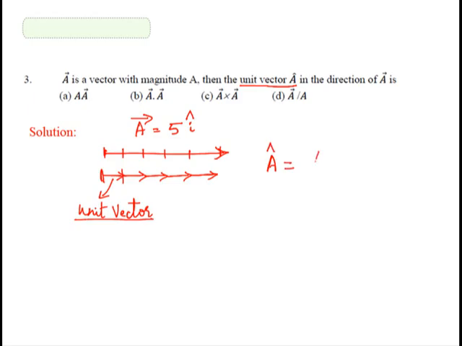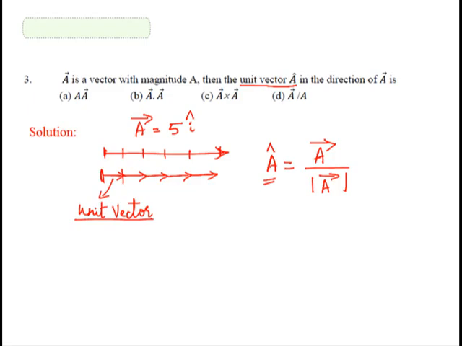What did I do? I took a vector A. I divided it into a number of parts equal to its magnitude. Here it is 5. How do I write magnitude? Magnitude of A. Don't you think so? So a vector divided by its own magnitude is nothing but a unit vector. That is what they are asking.